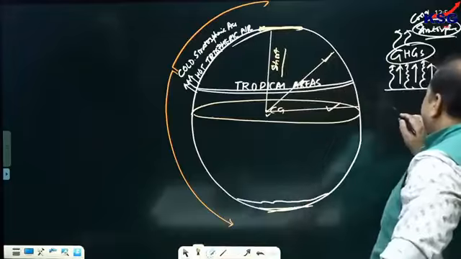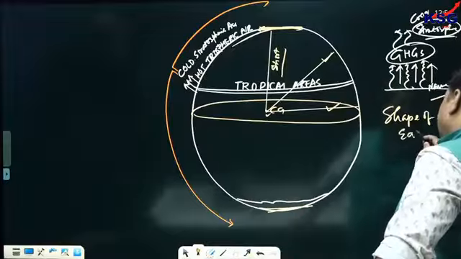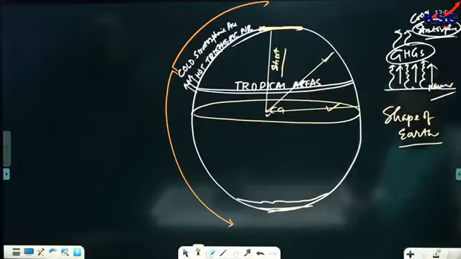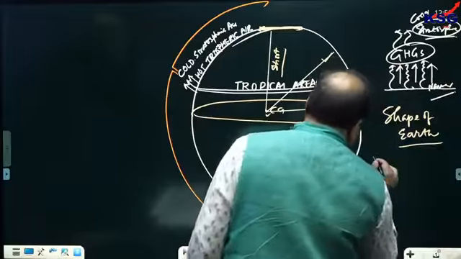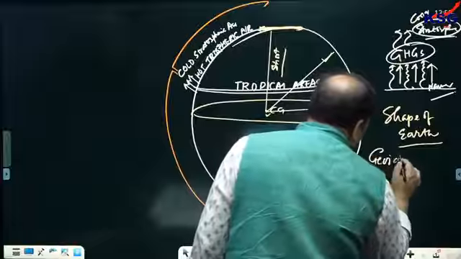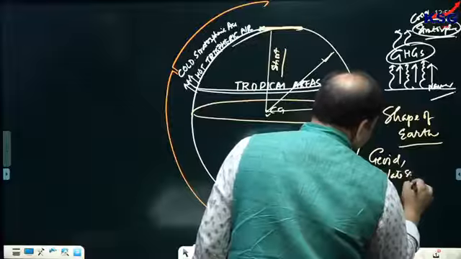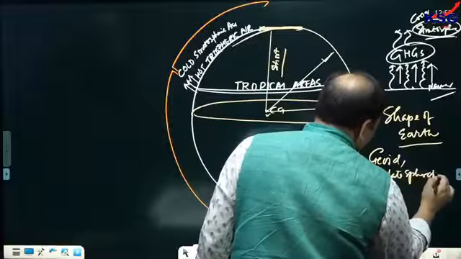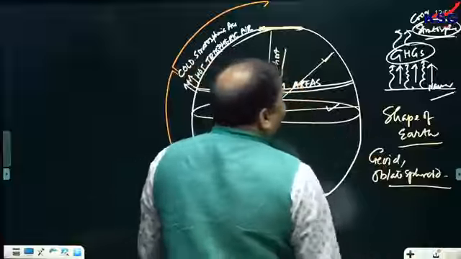So we can see the shape of the earth is responsible for this. Because the shape of the earth is geoid, or we can say an oblate spheroid, flattened at the poles and bulging out at the equatorial area.